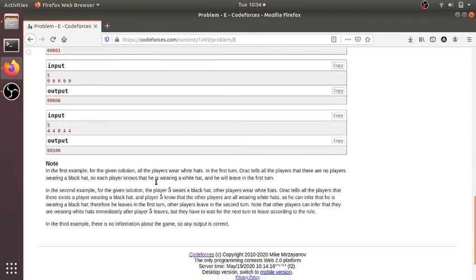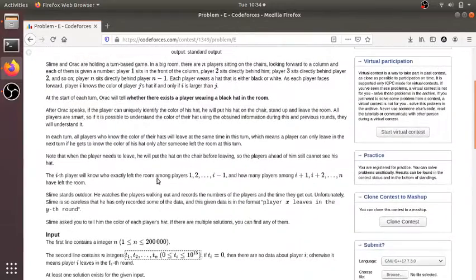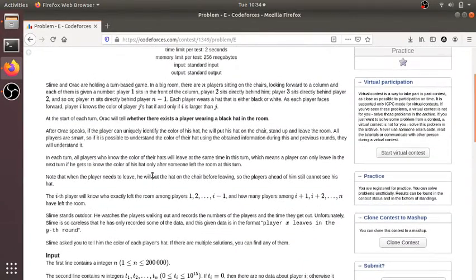There will be only one black hat, right? There won't be more than one black hat. A player. It says a player.